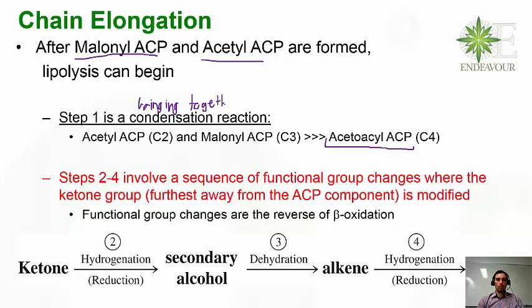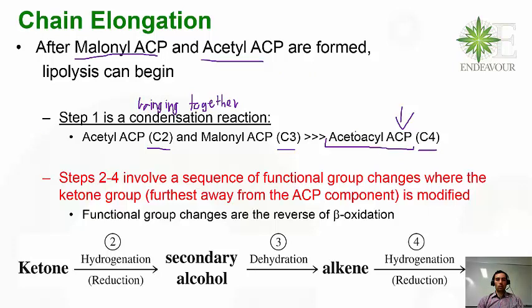So we'll actually have one of the ACP proteins being lost because we only have a single ACP protein in the product here. So you'll notice that the acetyl ACP is a 2-carbon compound, malonyl is 3, and the acetoacetyl ACP is 4 carbons. So we've lost a carbon, and we'll see exactly how this reaction works in the coming slides.